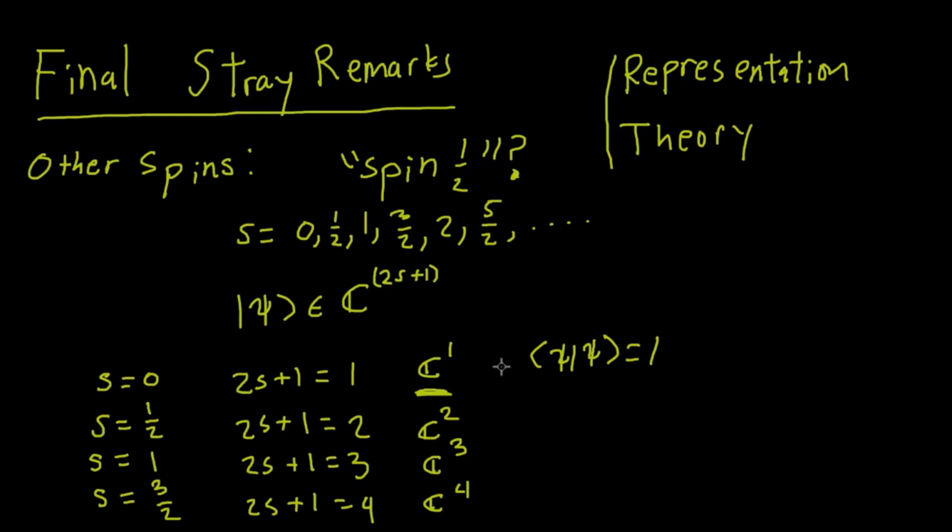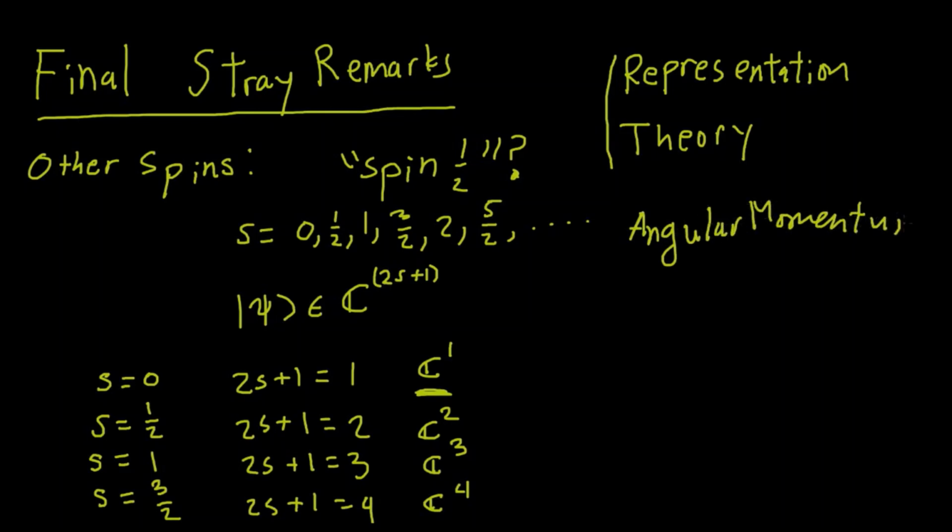Now, while I'm talking about these other spins, I think this is actually going to be the last thing I'm going to talk about in this video, which is angular momentum. So even though I haven't really talked about angular momentum at all in this video, spin and angular momentum are very closely related.